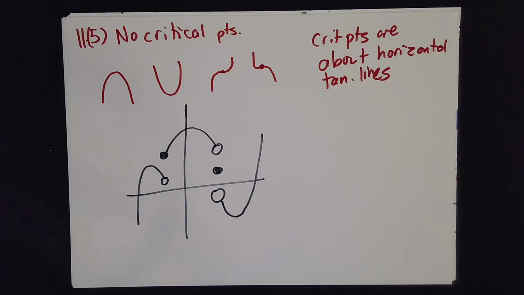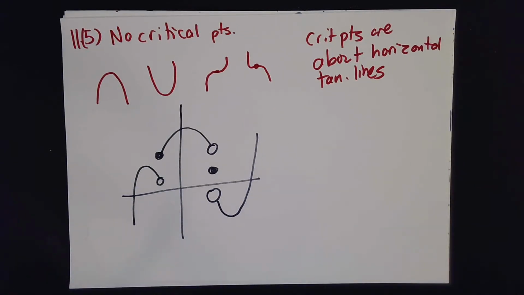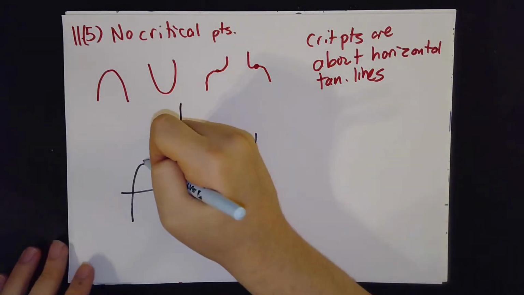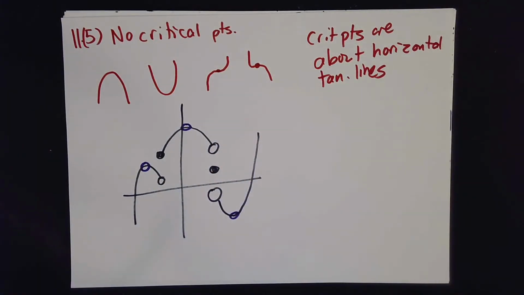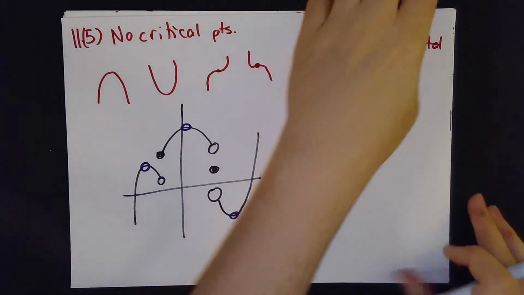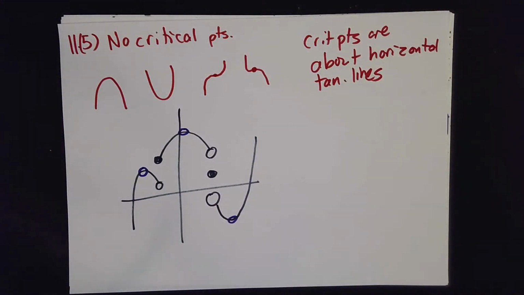But the critical points would, in this case, if this were the graph, end up being here and here and here. Because again, those are the spots where the tangent line is horizontal.